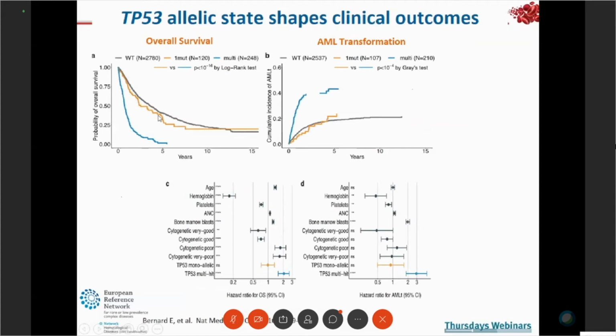They can be monoallelic, and in this case, they do not change overall survival so much, but the multi-allelic and multi-hit TP53 mutation do have indeed the worst prognosis.